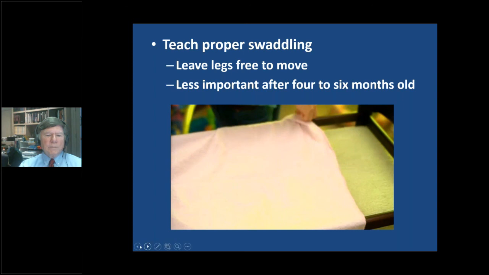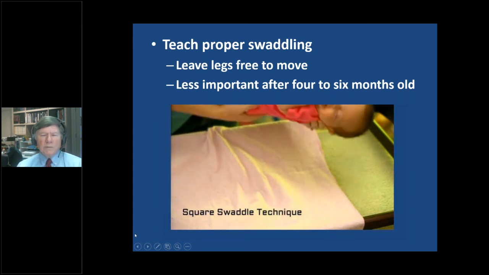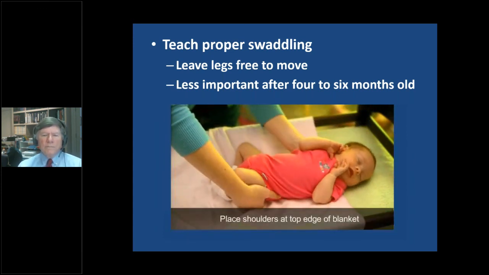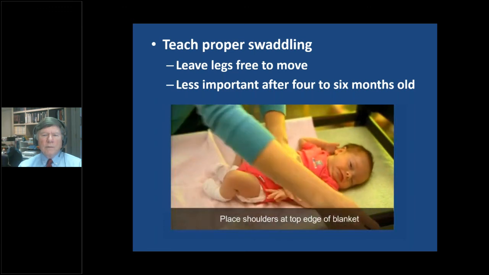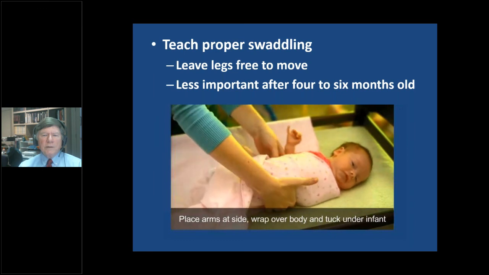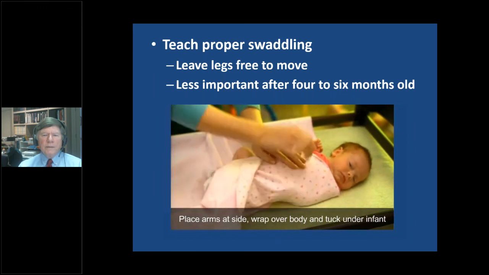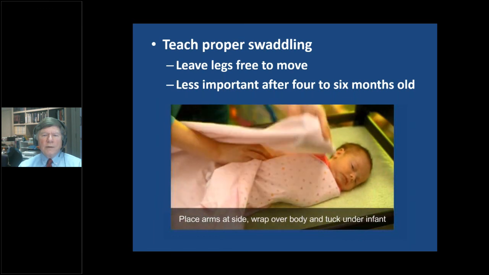So here's a swaddling method. We use the square swaddle technique with a square blanket. Place the shoulders at the edge of the blanket. Bring down one arm and wrap it over. Tuck it underneath. Bring down the other arm. Wrap it over.